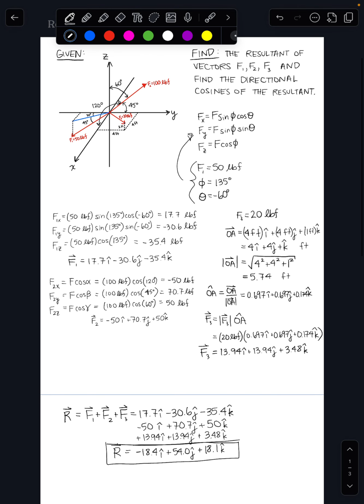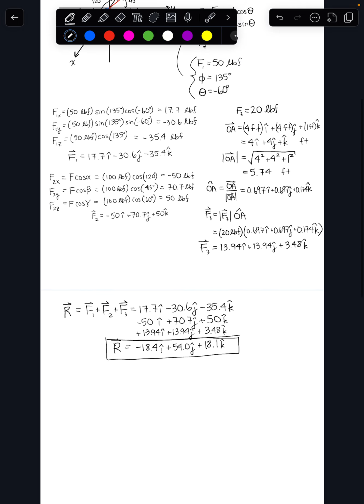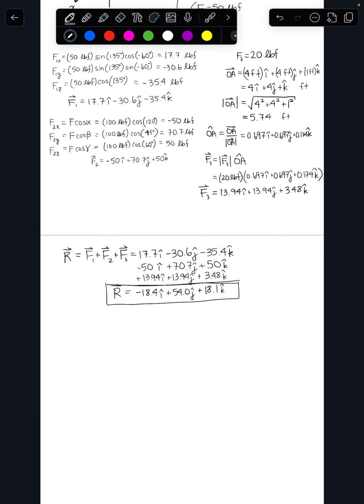Easy, easy. So now the last part of this question asks us to find the directional cosines of the resultant. And so we're going to use these exact same equations that we used for F2, except now we're solving for the angles alpha, beta, gamma. So let's rewrite those equations a little bit reorganized.